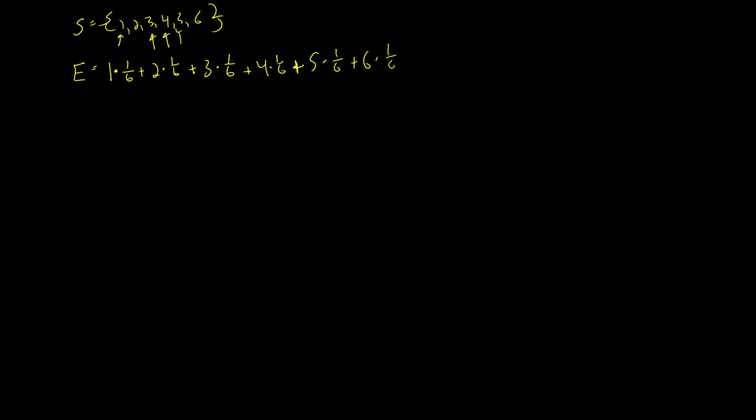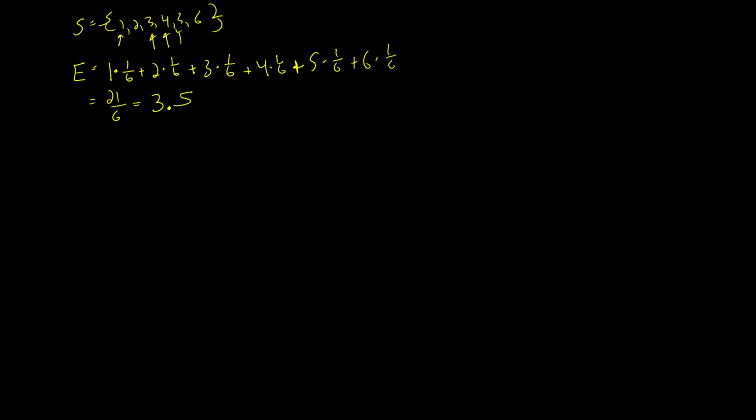We add all of these up: 1/6 plus 2/6 plus 3/6 plus 4/6 plus 5/6 plus 6/6. So 1, 3, 6, 10, 15, 21 sixths, or 3.5.